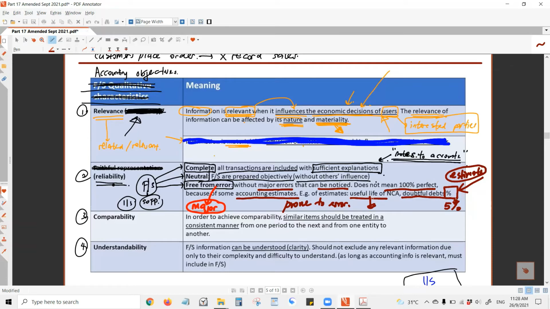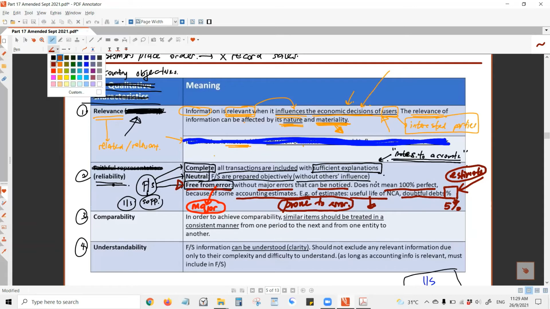Maybe in the future, due to a certain virus, you would like to continue to use your NCA because you don't have the money to upgrade. Possible, right? So useful life that you see in the depreciation topic is also an estimate and prone to error. That's why you cannot guarantee 100% accuracy in your financial statement. But you have this one: free from major errors.